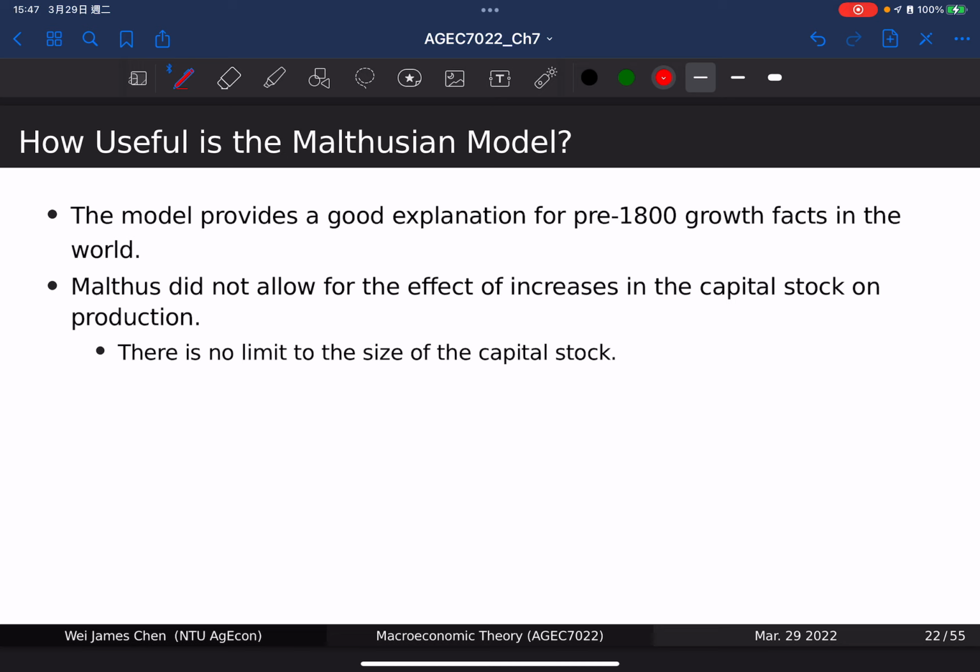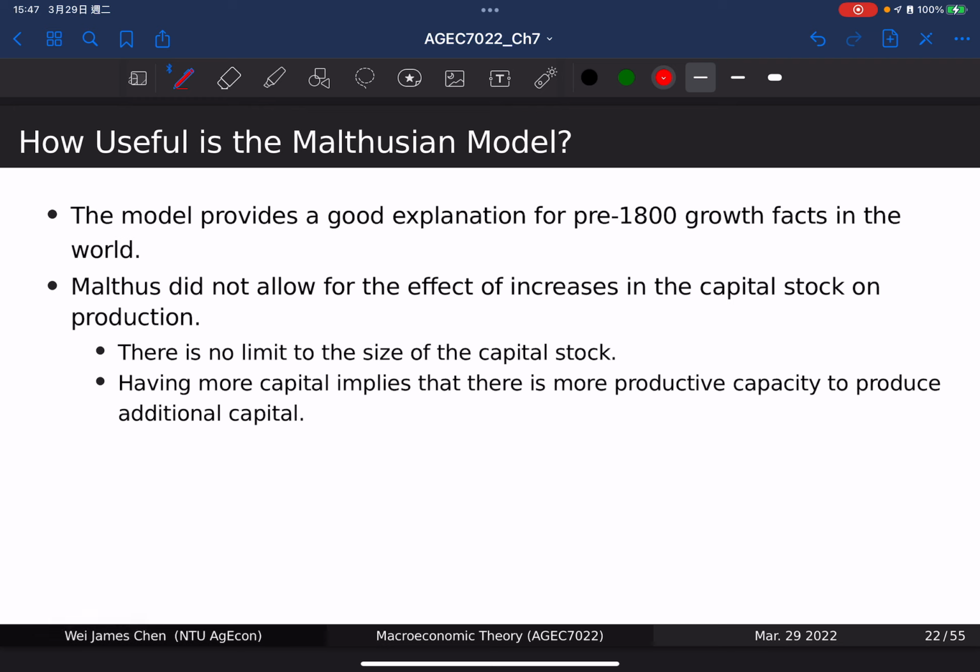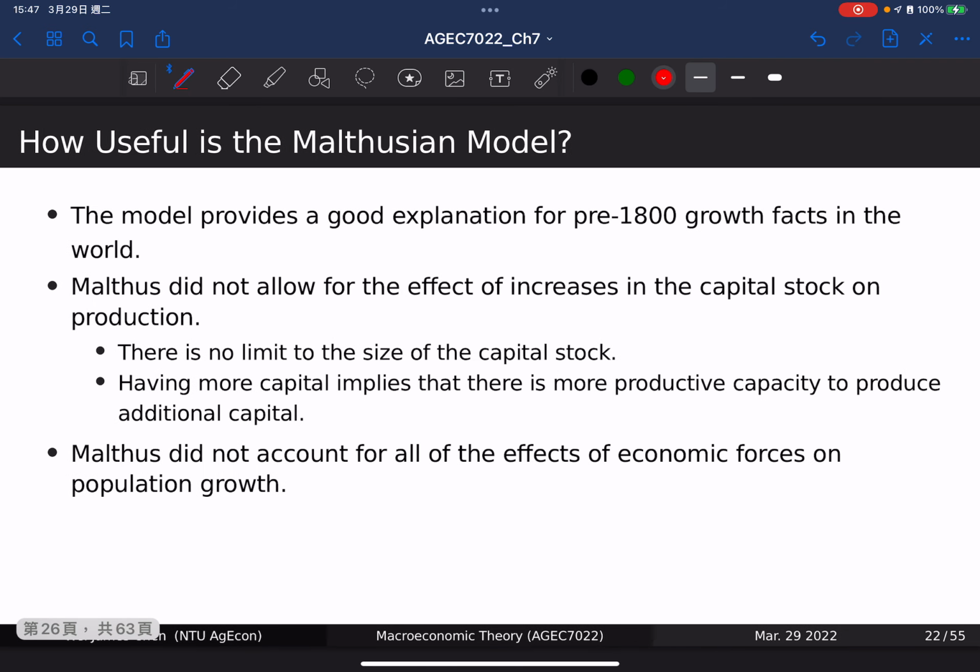Capital stock can be as much as possible. Also, having more capital implies that you're more productive and you can even produce more capital. So capital can generate capital. Okay. And also, Malthus did not account for the effects that economic growth can have on population growth.